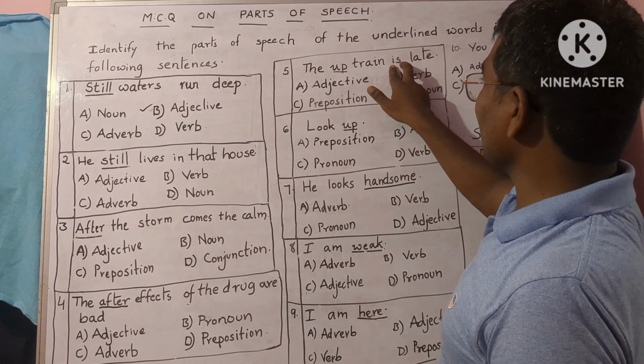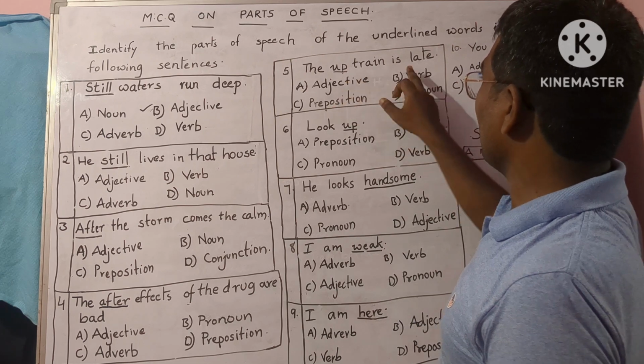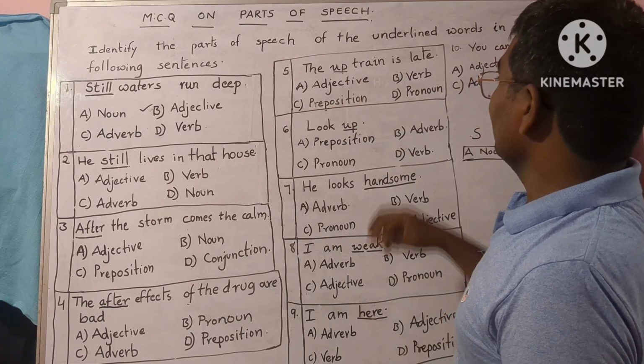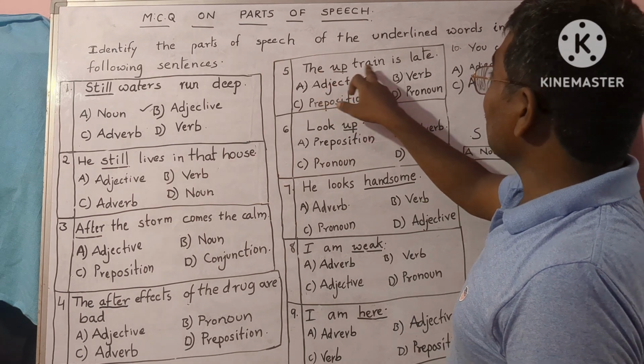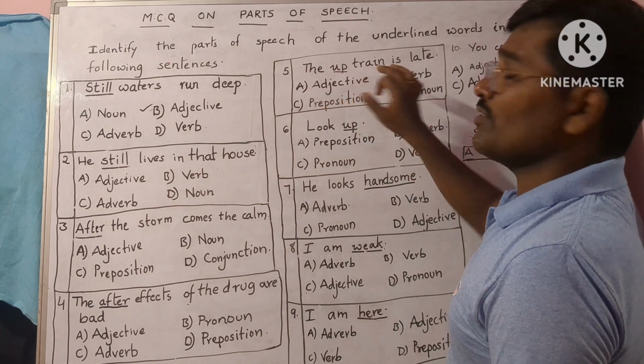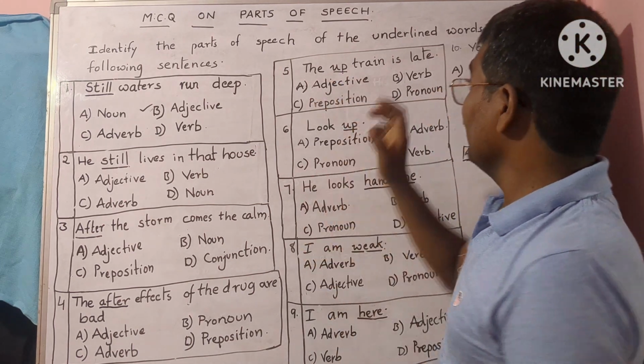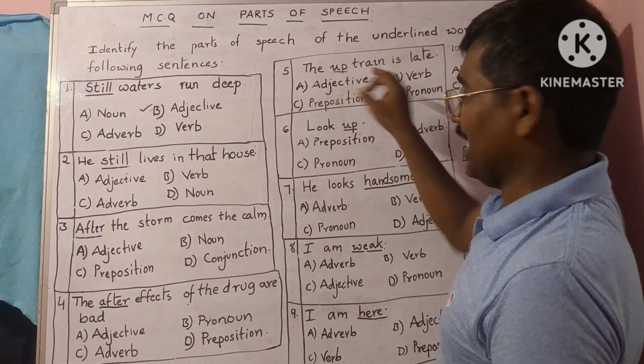A predicate starts with a verb, so it is not a verb. Here, the up train is a noun phrase. Since it came in the place of a subject, the main word is train.